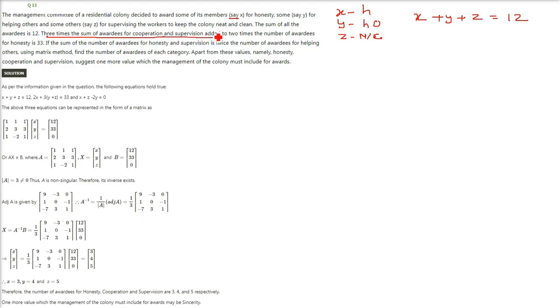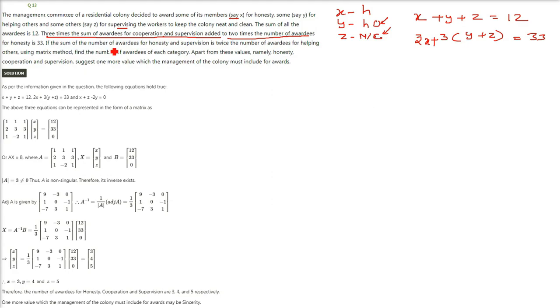So we are talking about Y and Z. So 3 times Y plus Z, added to 2 times the number of awardees for honesty. X is for honesty, so 2x. And this is equal to 33.